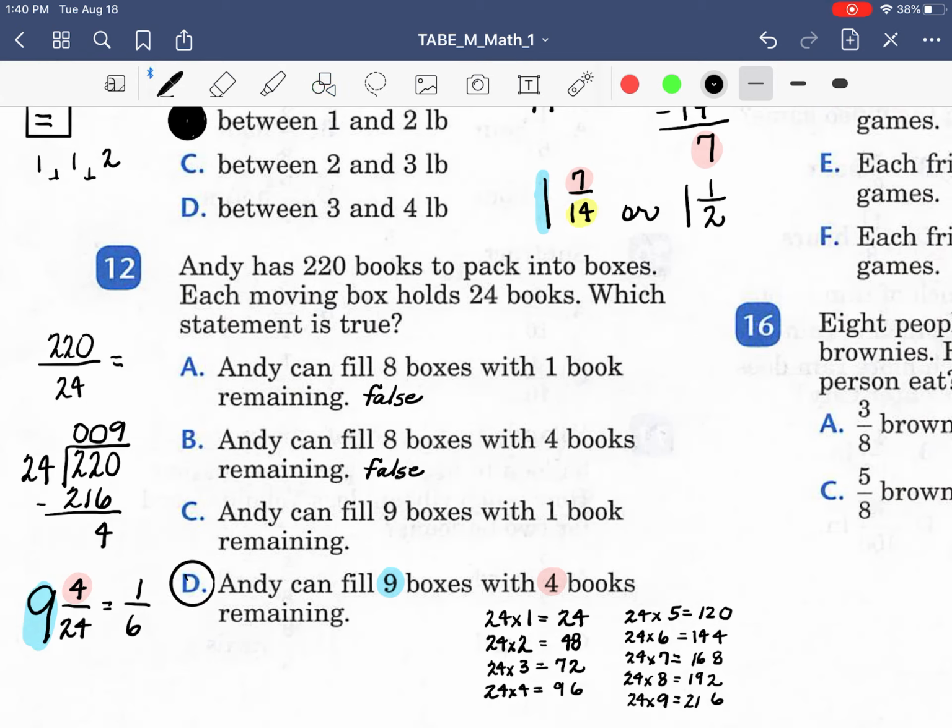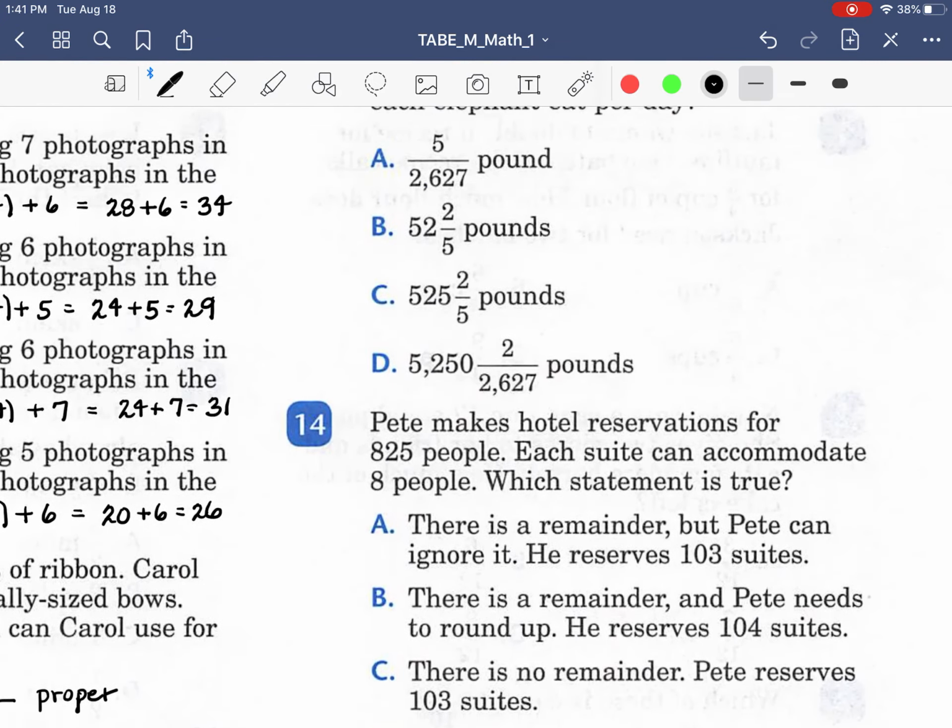So the answer we want is D. So in this case, reducing it made it a little bit harder to answer. Answer to number 12 is D.